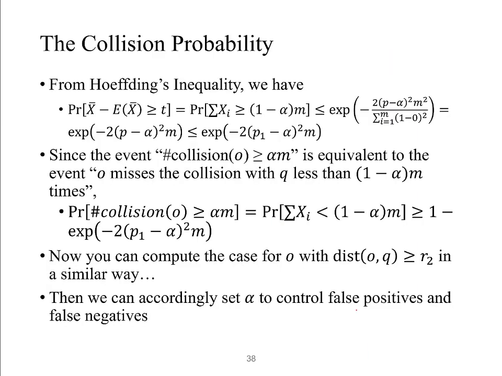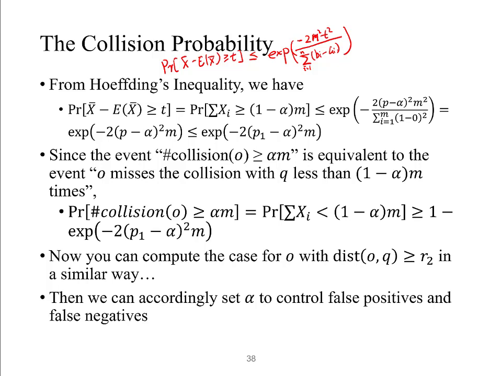According to Hoeffding's inequality, the probability that the mean of X minus the expectation of the mean of X is greater than or equal to t, given that each X_i is strictly bounded by the interval [a_i, b_i], is smaller than or equal to e to the power of minus 2 n squared t squared divided by the sum from i equals 1 to n of (b_i minus a_i) squared.